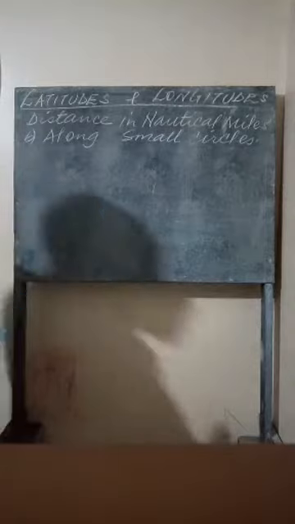Along small circles, how do we get that distance in nautical miles?